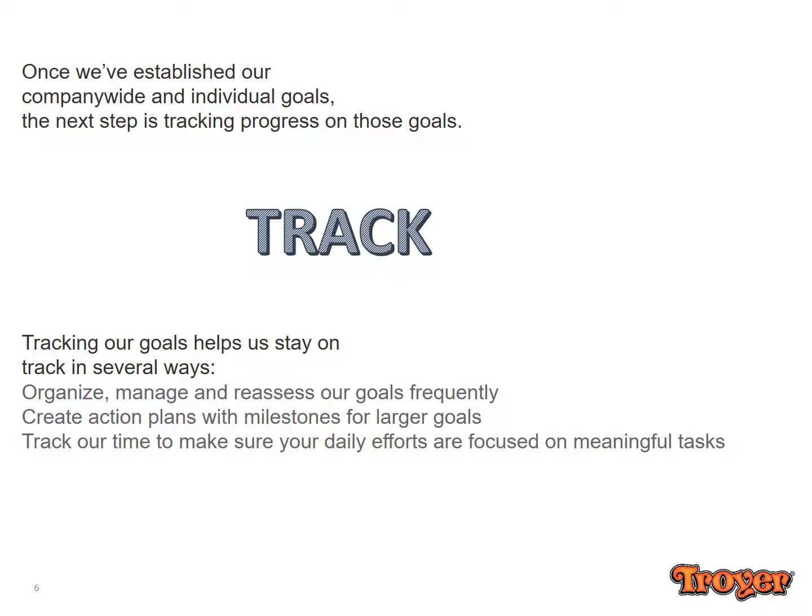It's making sure that whether you're in a one-on-one, weekly meeting, bi-weekly meeting, quarterly meeting, whatever it is, when you meet with your manager, you're talking about how are you doing? What progress have you made? How close are you to getting it done? Do you need any help? It's really a great reality check to make sure that we are moving in the right direction. So tracking our goals is absolutely critical.